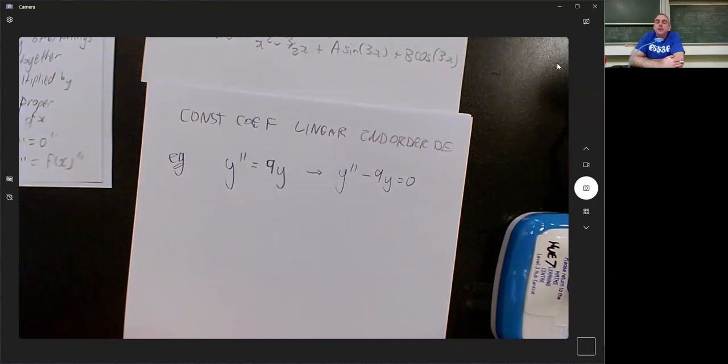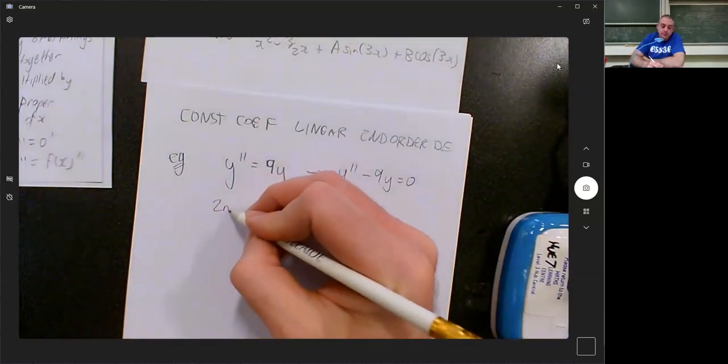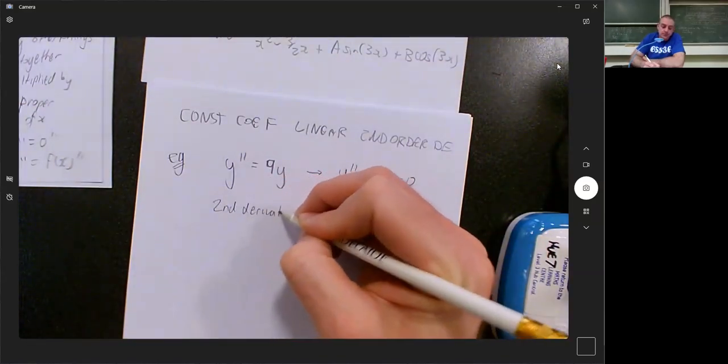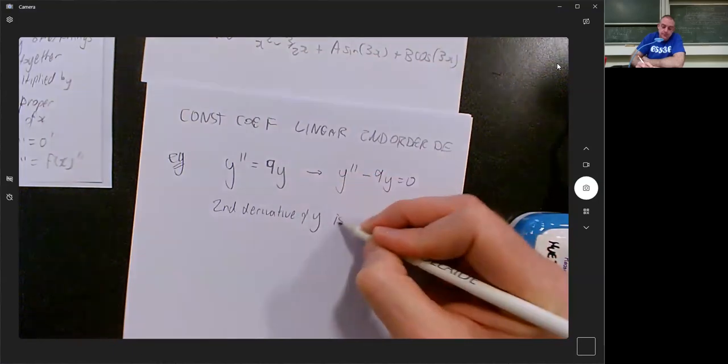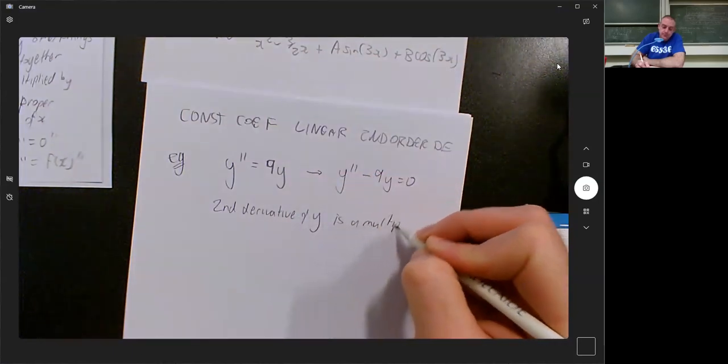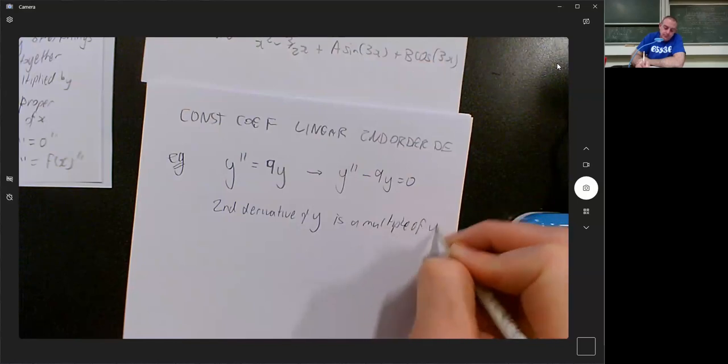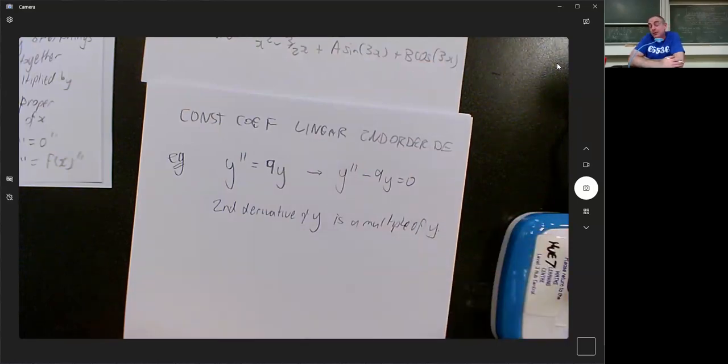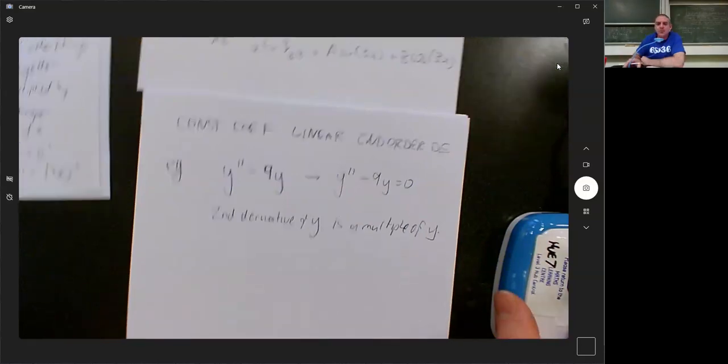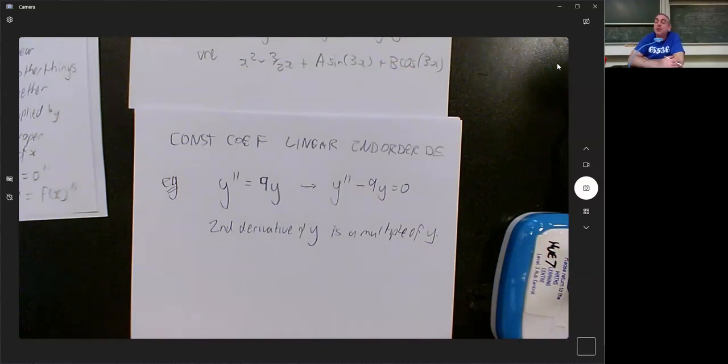Okay, well here's something interesting. This is saying that the second derivative of this function is a multiple of the original function. And I know functions, you've seen them before. You may have noticed that there are functions you already know that do that.